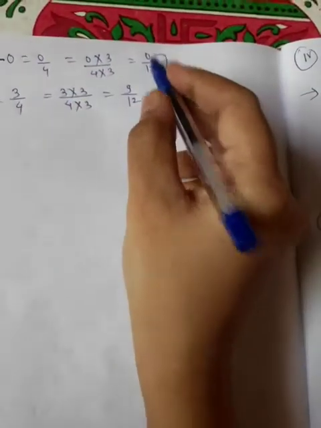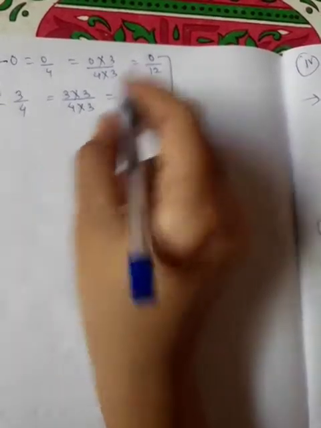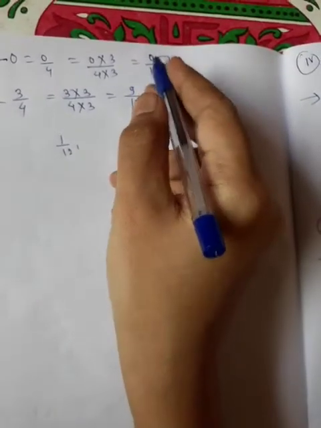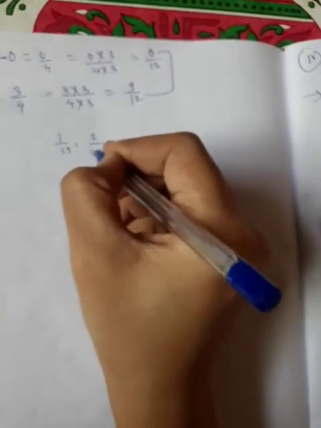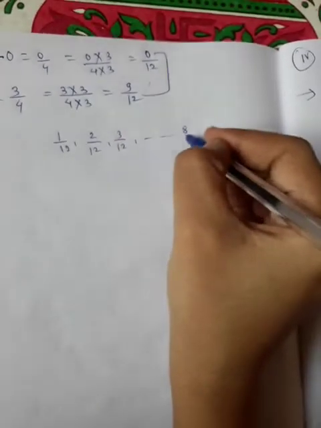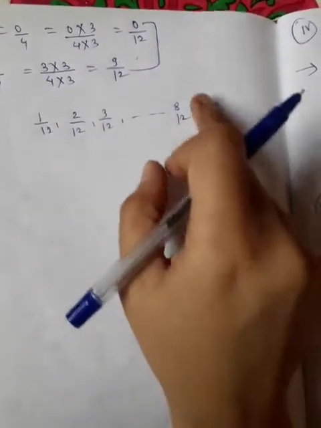Now how many rational numbers are there between 0 by 12 and 9 by 12? After 0 you get 1 by 12, 2 by 12, 3 by 12, and you can go up to 8 by 12, so 1 by 12 up to 8 by 12.